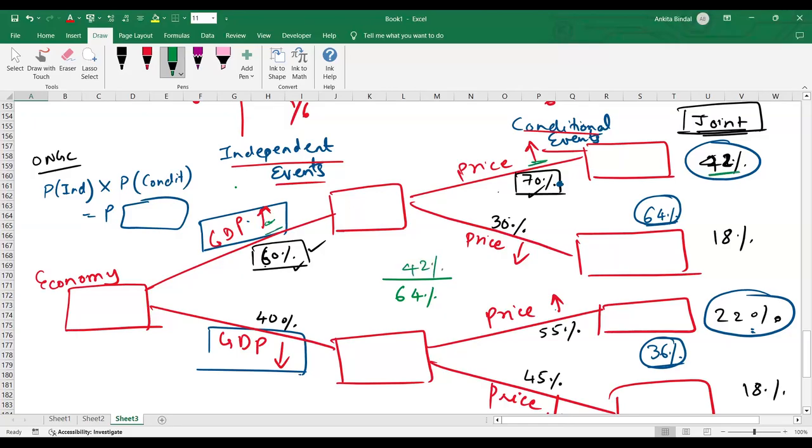The percentage of increase of the GDP if the price has increased.